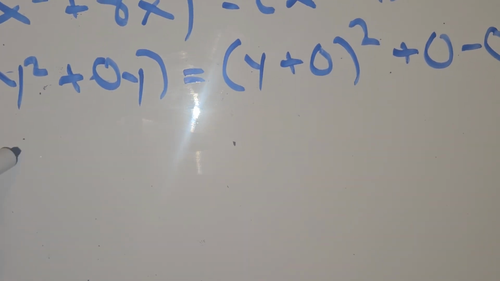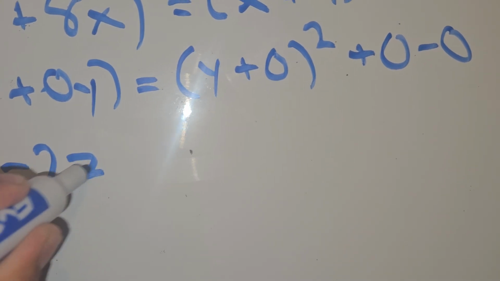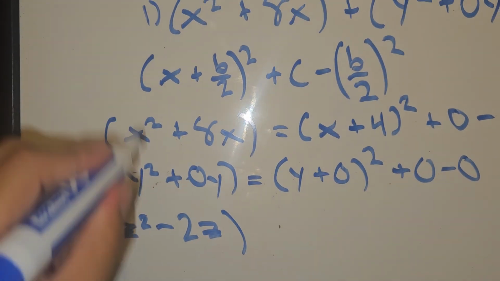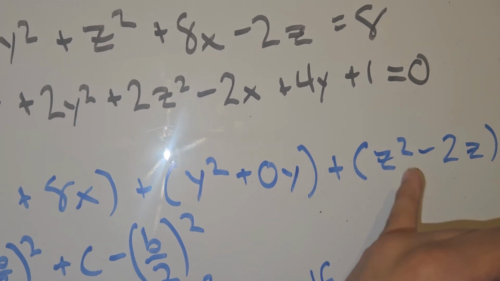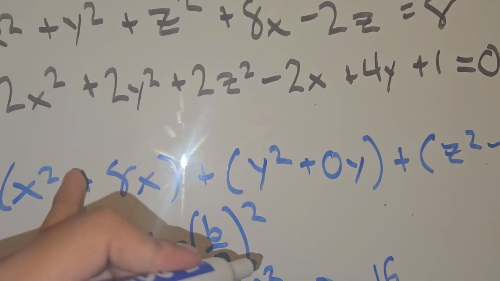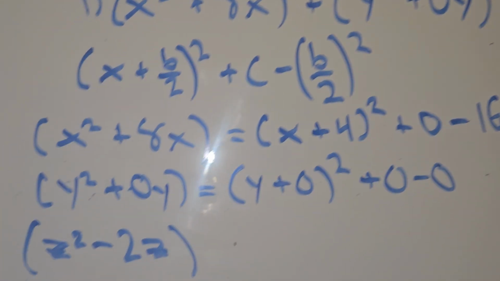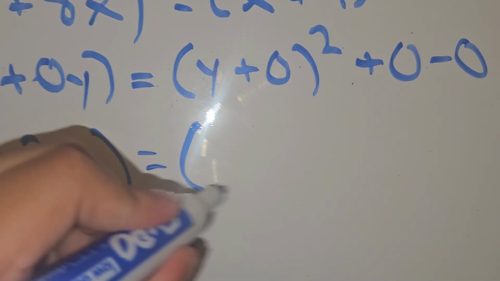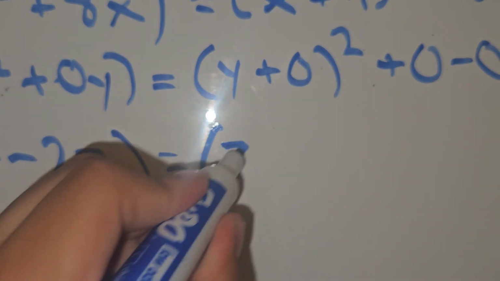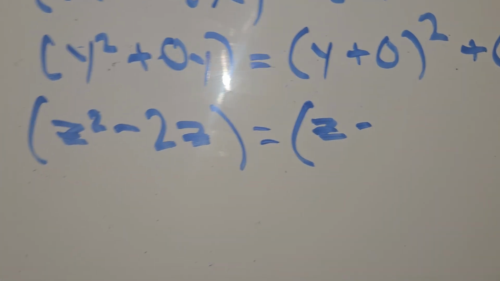Now z. Z squared minus 2z. So remember, I'm getting these ones from these ones. We're completing the square for each one of these. So this one for that one, for this one, that one for this one. Okay, so let's complete the square. Z minus, because that's a negative 2.